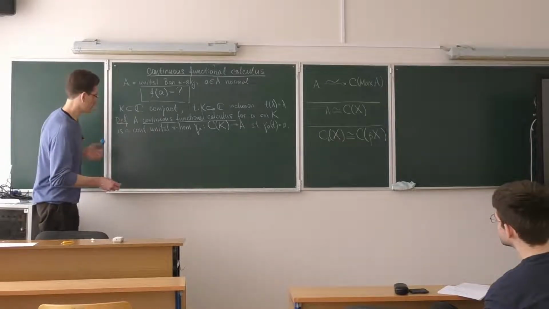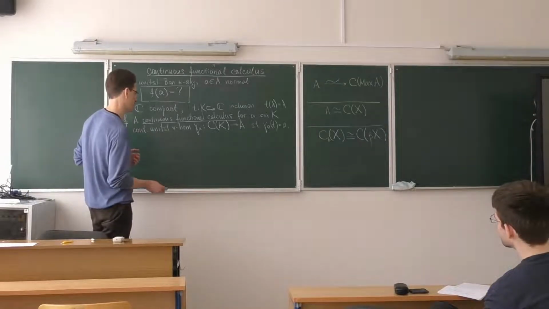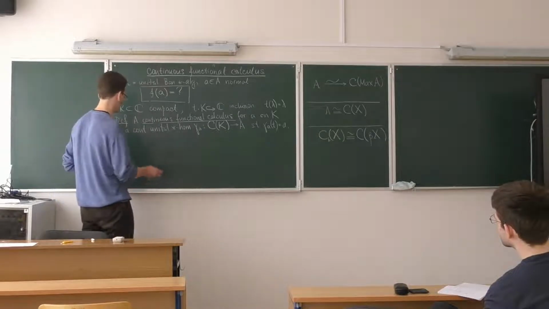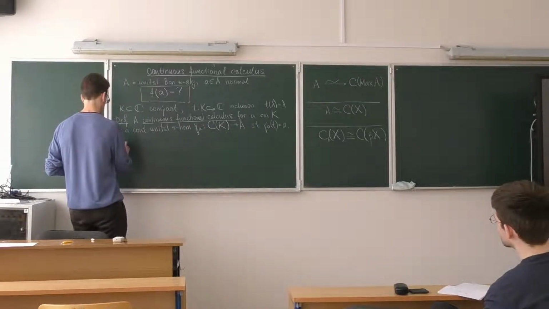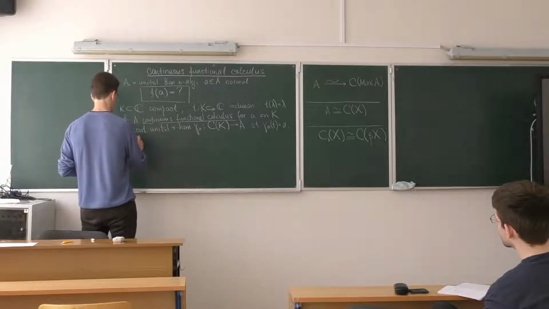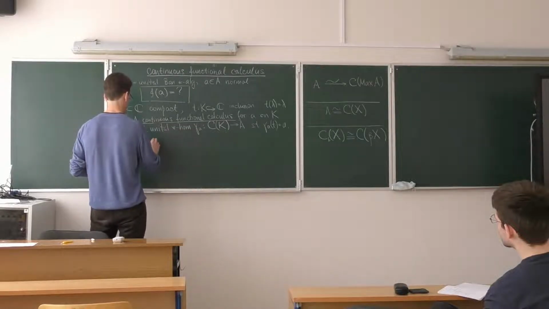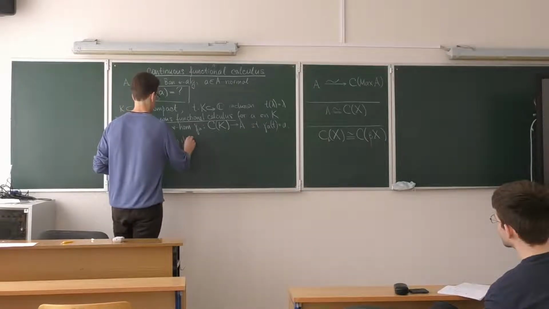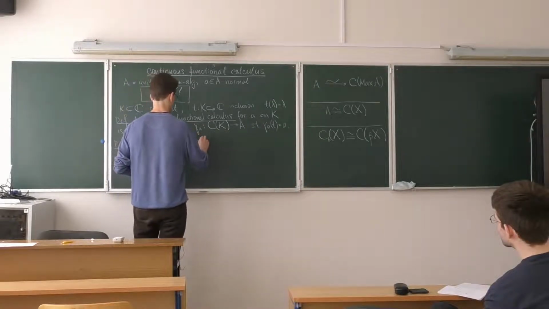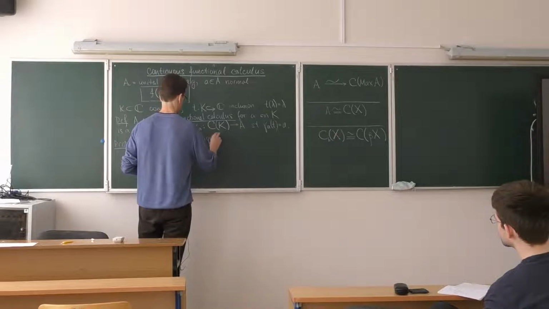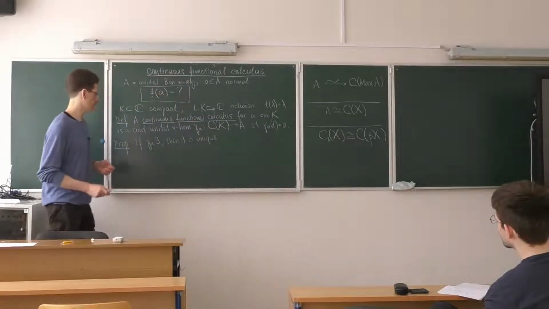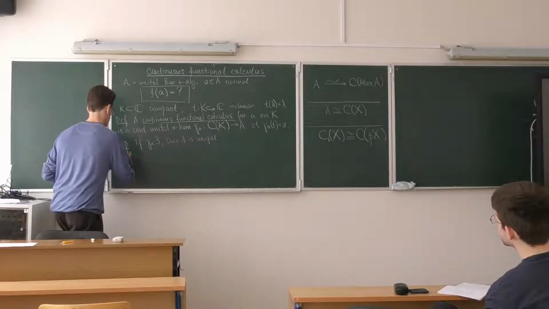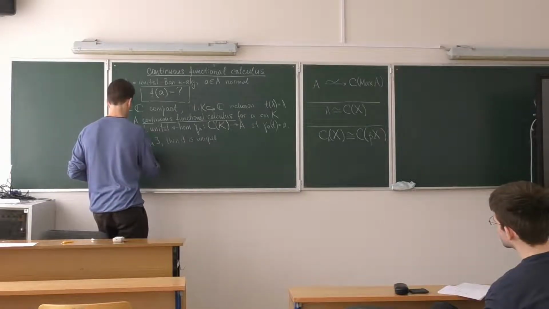Okay, first of all, let's observe that if such a calculus exists, then it is unique. If gamma_a exists, then it is unique. Well, actually, this is a simple application of the Stone-Weierstrass theorem.